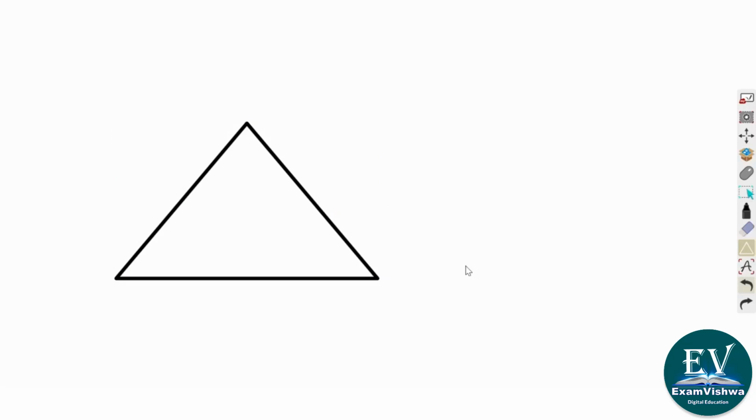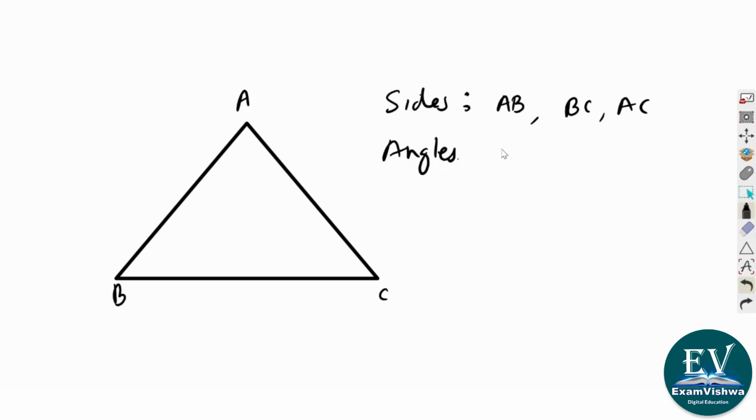If you look at this triangle, you will remember what all things you studied in the previous class. We know that all triangles have three sides. If I name this triangle as ABC, the sides of the triangle are AB, BC and AC, correct? If you ask about the angles of the triangle, you will say angle A, angle B and angle C. This you know.